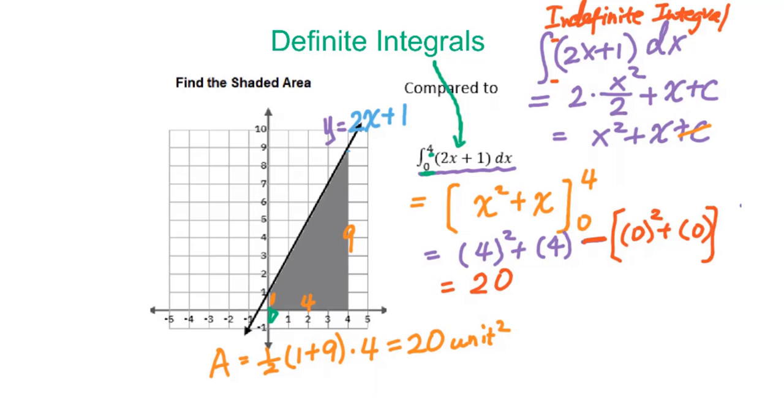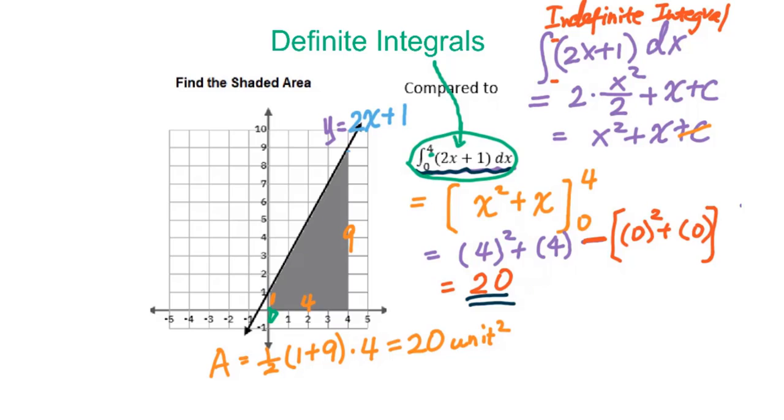Let's analyze this integral and also the shaded area. Both got the 20. So you could think there must be some relationship between this definite integral and this shaded area. Yes, there is a relationship between them.